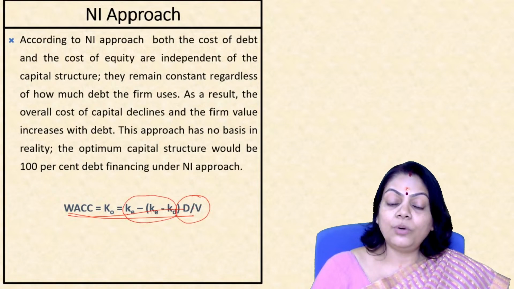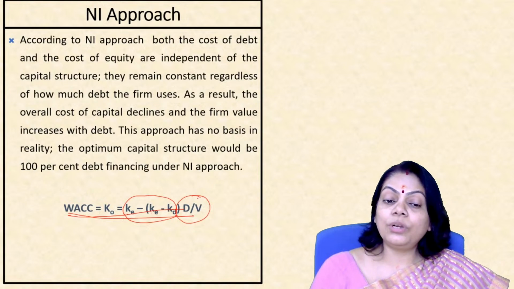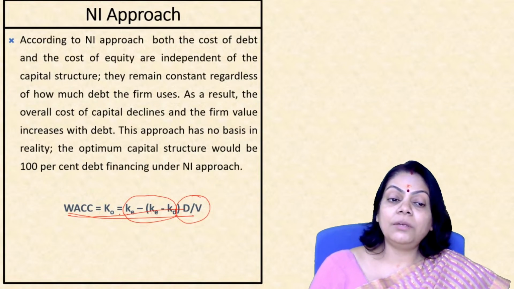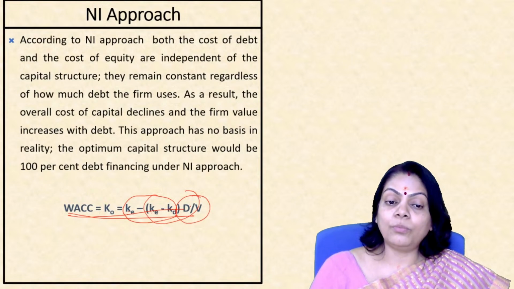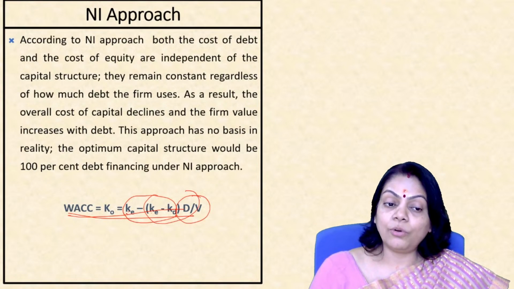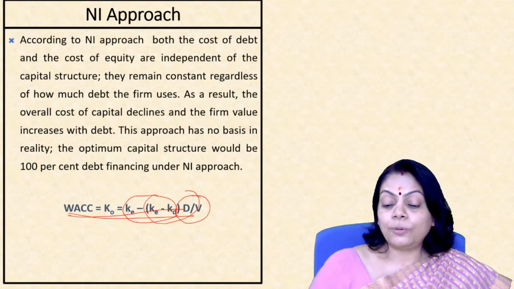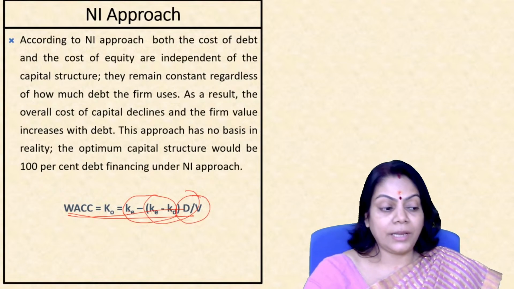The only change here is the leverage. As we go on increasing leverage, the overall cost of capital will fall, because this part of the equation is constant. So the higher the leverage, the greater the value of this side, and the lower will be the value of KO. This is the NI approach.